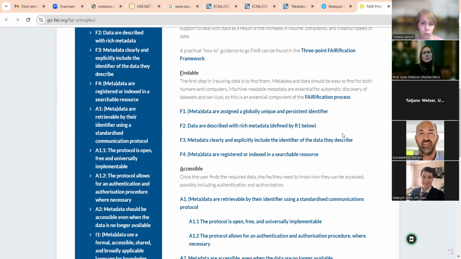Every data or metadata should be easily findable. Firstly, let's discover the difference between data and metadata. When you carry out your research, you collect data. It might be mathematical data, some kind of measurement, statistical data, or data on the quantity or quality of something.